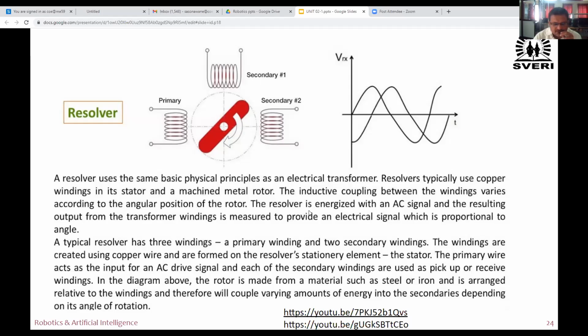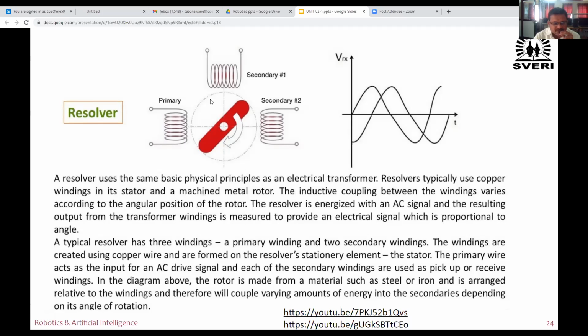The resolver is energized with an AC signal, meaning through the primary winding. As we have seen in the case of LVDT, an AC signal is provided and the resulting output from the transducer windings is measured to provide an electrical signal which is proportional to angle.